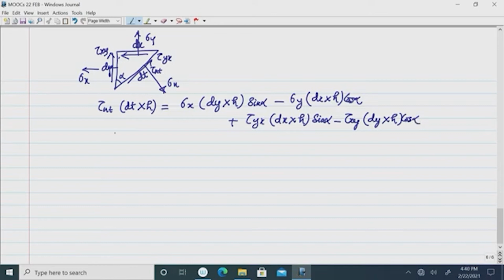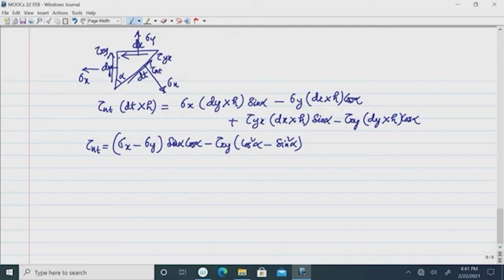Now, divide both sides by dt into h, that we have done earlier. So, ultimately we will get tau nt equal to, after simplification, sigma x minus sigma y sin alpha cos alpha minus tau x y cos square alpha minus sin square alpha. So, the expression for tau nt is now known.